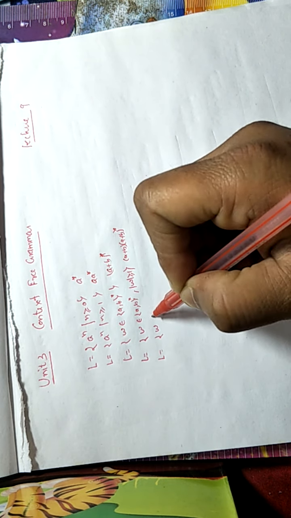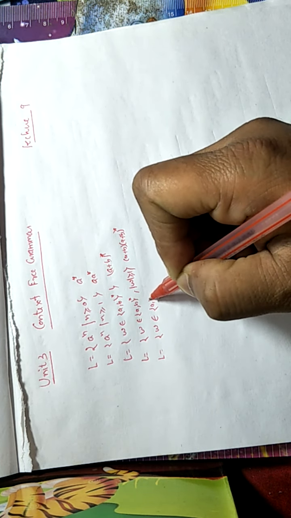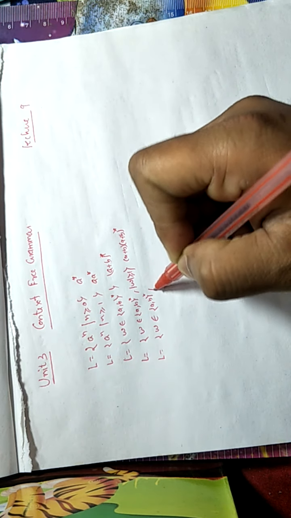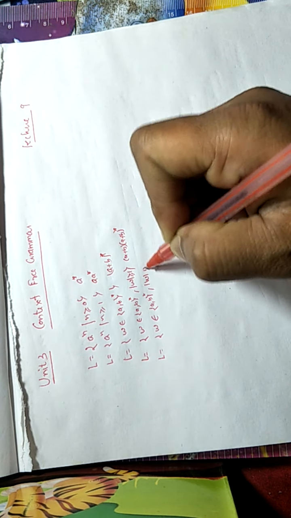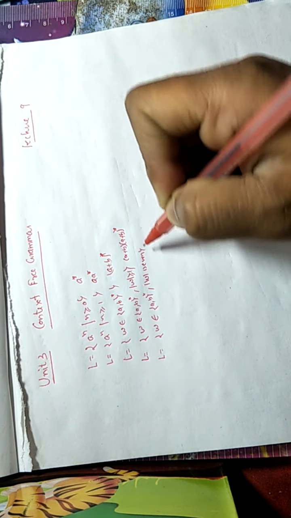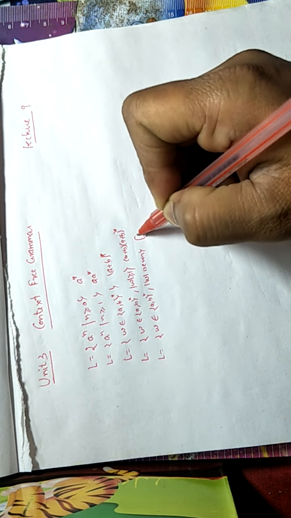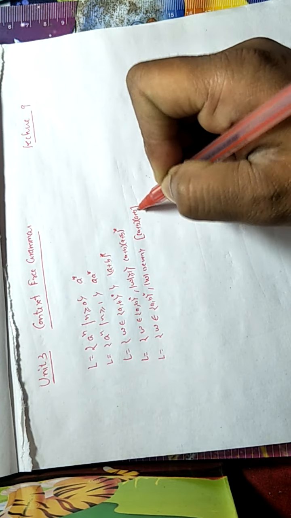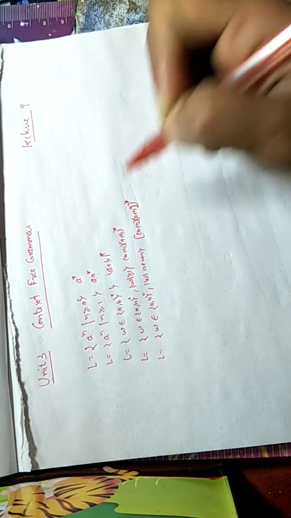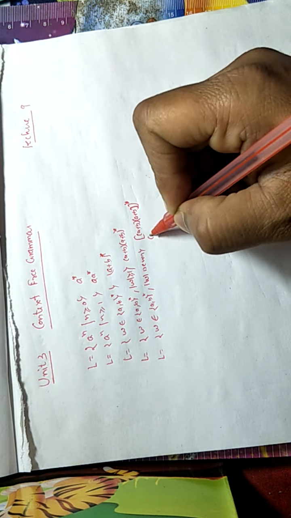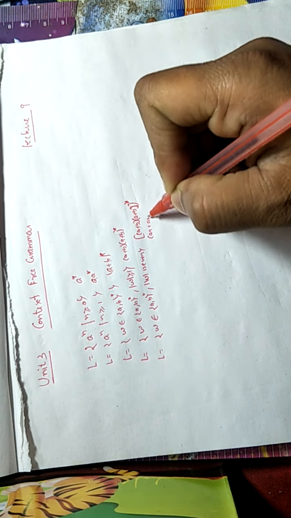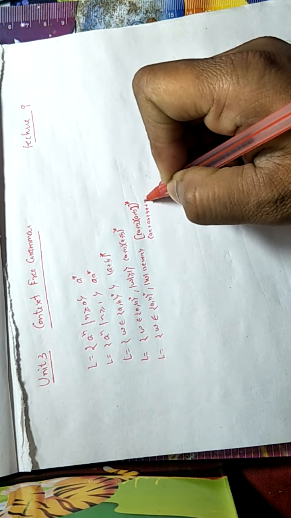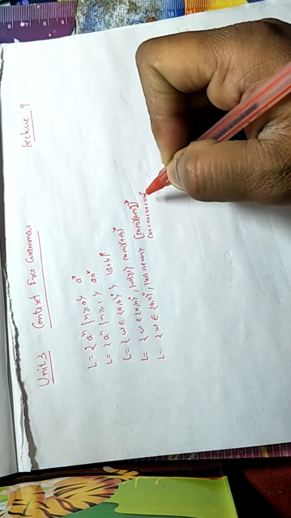L is equal to w belonging to {a, b}, where length of w is even, that is (a plus b) whole closure. It can also be written as (aa plus ab plus ba plus bb) closure.